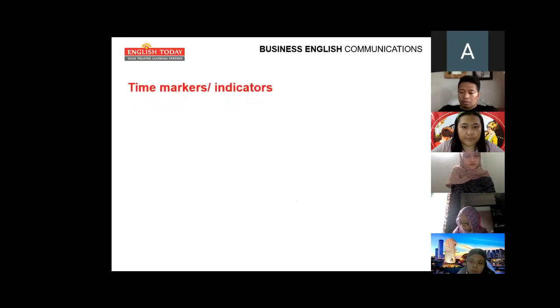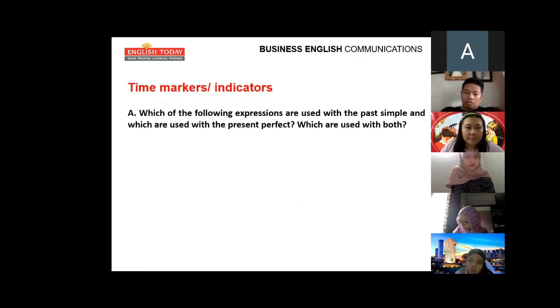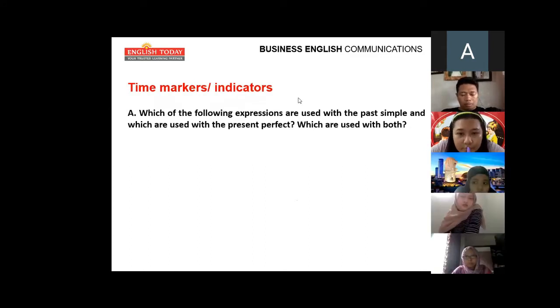And now let's have a look at time markers or indicators. What do they mean? Have a look at the instruction over here, and we will use this for the next activity. Tasha, I need your help to read the instructions for us, please. Thank you. Time markers, indicators.